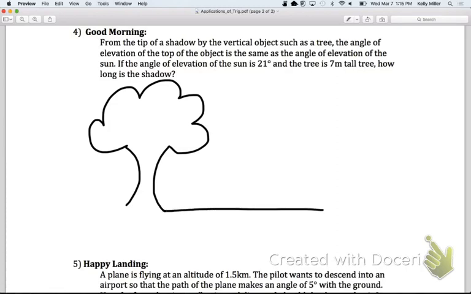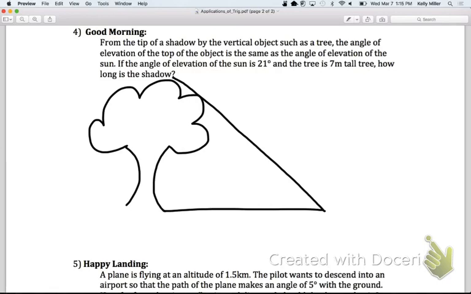So from the tip of the tree's shadow to the angle of elevation to the top of the object, I'm making a line going all the way up from that tip of the shadow up to the top of my tree. So from the tip of a shadow by the vertical object such as a tree, the angle of elevation of the top of the object is the same as the angle of elevation of the sun.